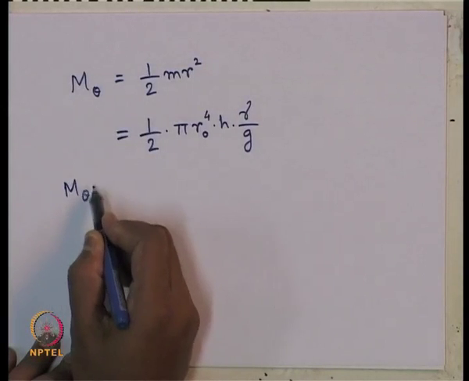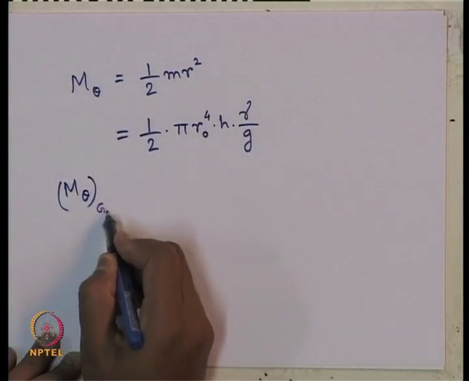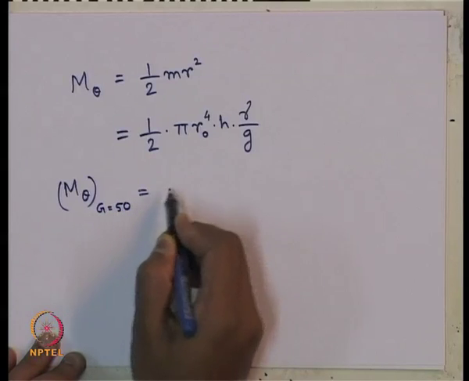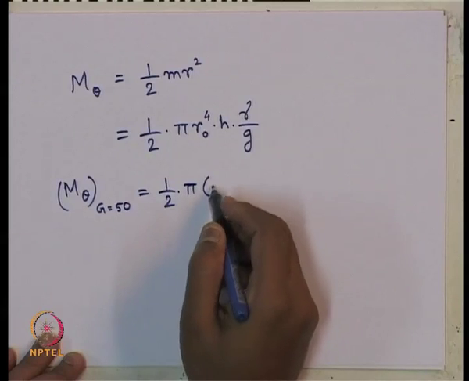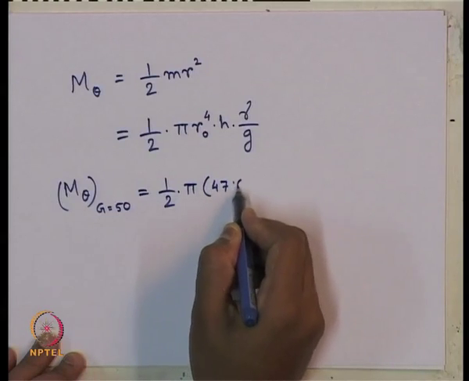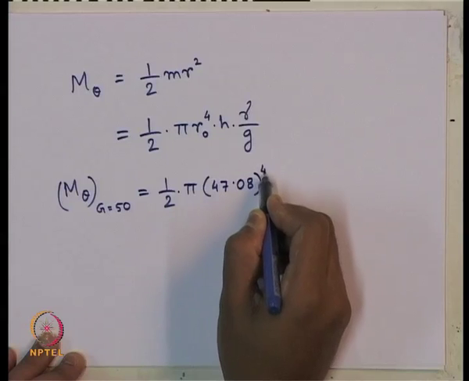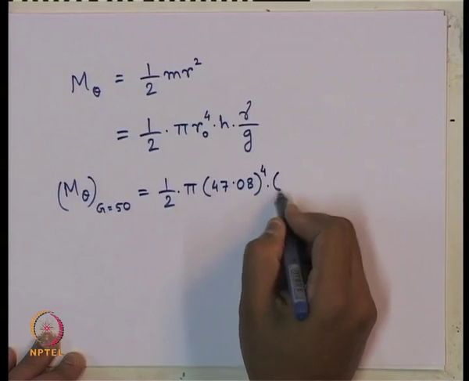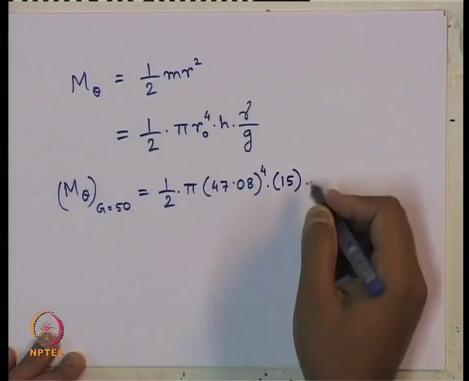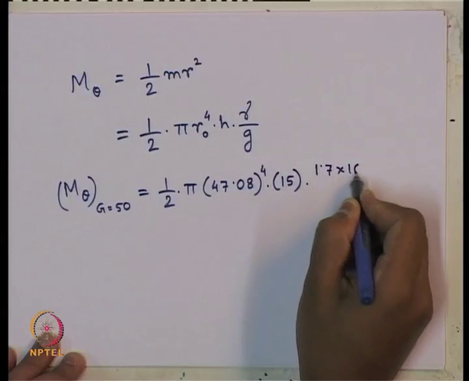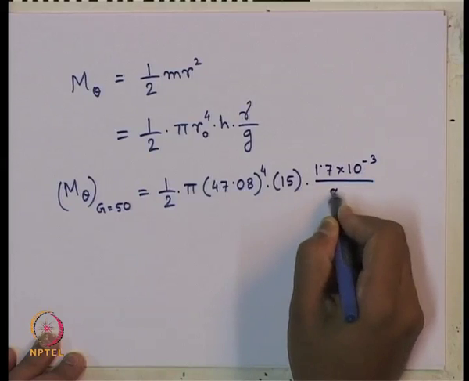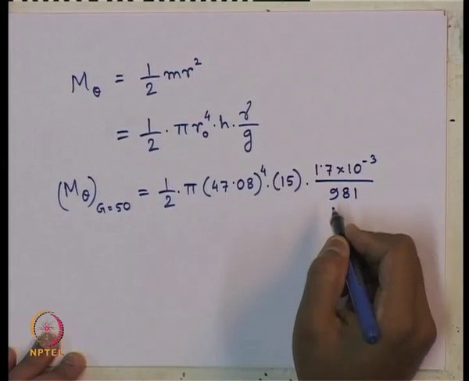So, m theta for the first type of soil is half pi into 47.08 to the power 4, h is 15 centimeter, gamma we had already assumed 1.7 into 10 to the power minus 3, by g is 981.